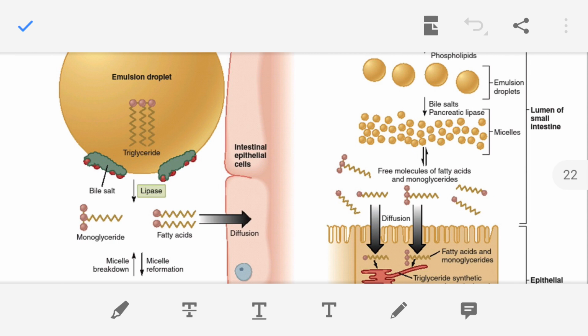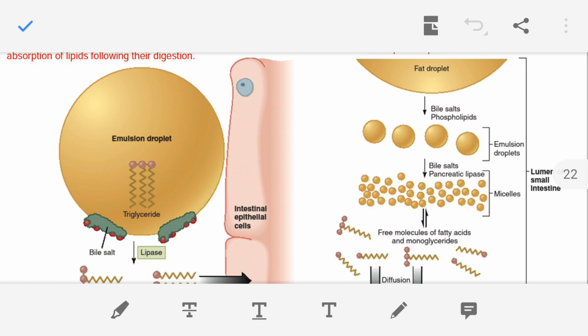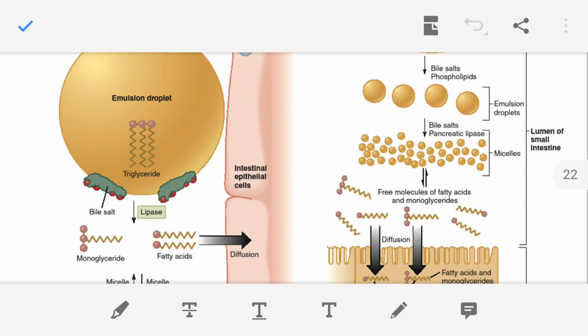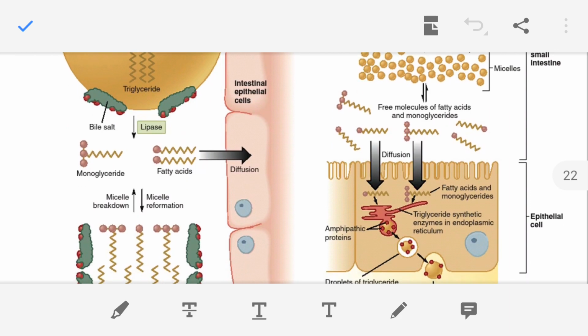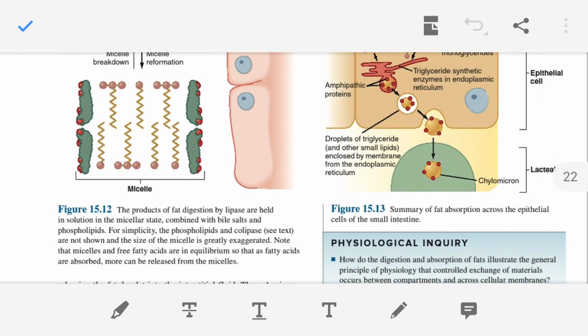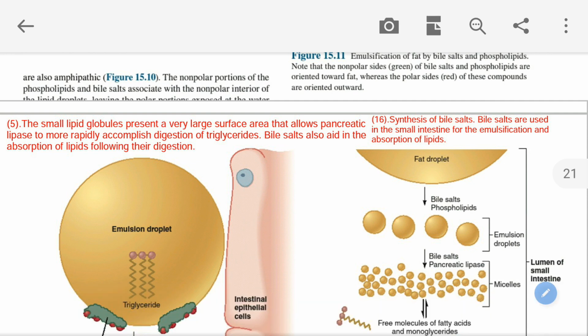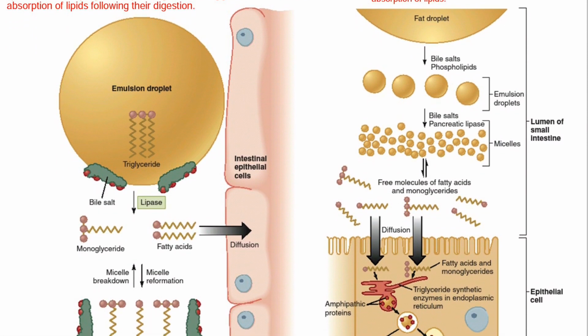So up to here, we now understand that bile salts participate in the first process of lipid digestion, that is emulsification, how they participate, and how the micelles are broken down, and how they are absorbed by the epithelial cell. So I would like to show you the entire figure. This figure is also very useful to you, so you go through the entire figure.